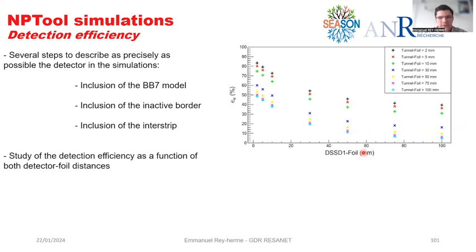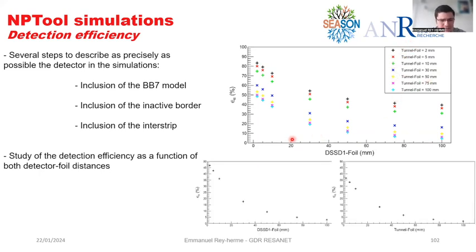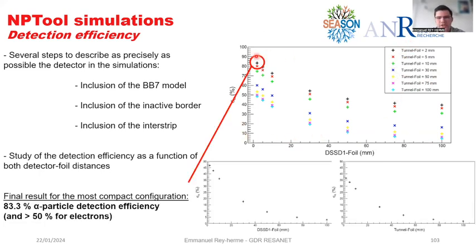And we can have a look here at the efficiency as a function of both distances, one in the x-axis here and the other one as different color curves. And the nominal configuration will be this one here with a little bit more than 80% detection efficiency for the alpha particle.